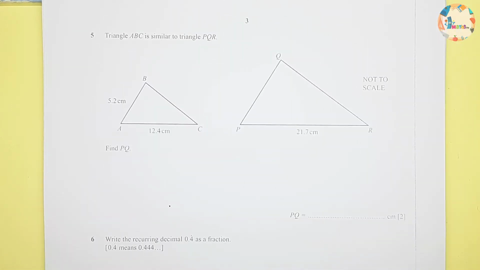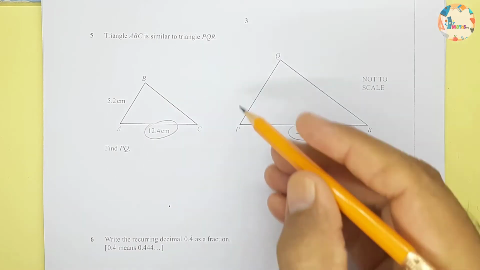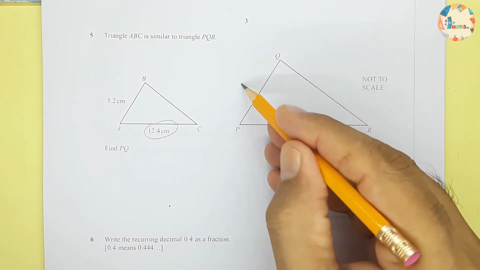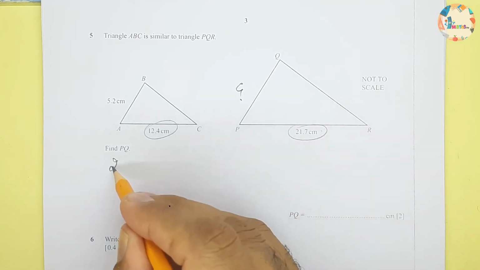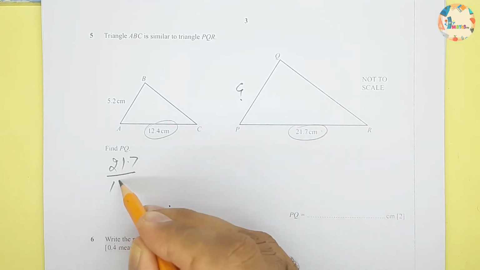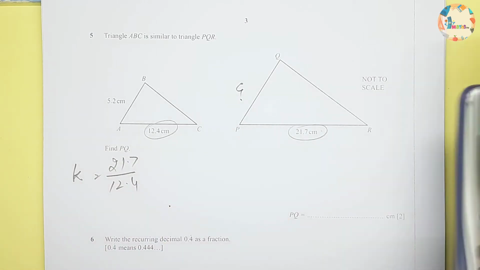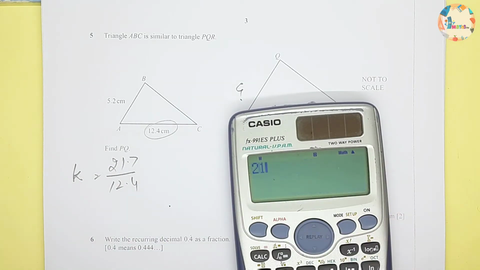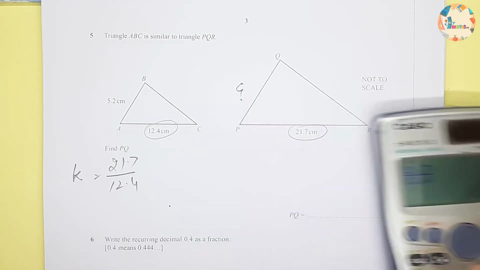Question number 5, similar triangles. So they have given this measurement and we have to find this PQ. So we'll check the ratio. We'll check 21.7 divided by 12.4. This will be equal to K, and this value we can check, 21.7 over 12.4. This gives us 1.75.